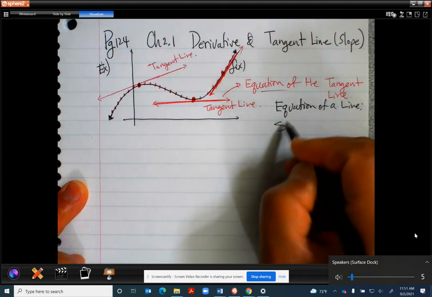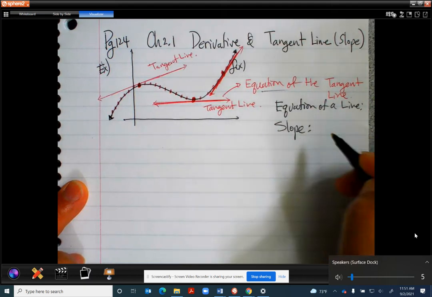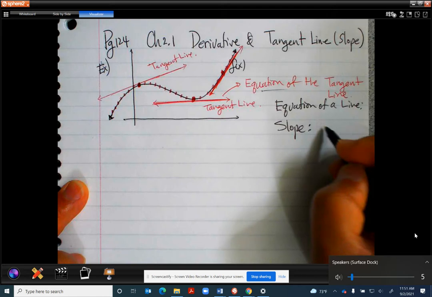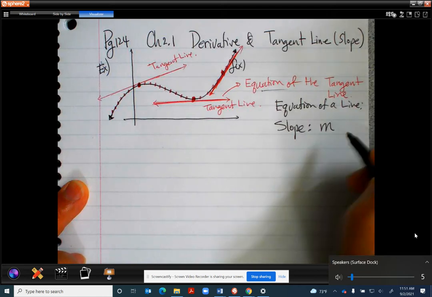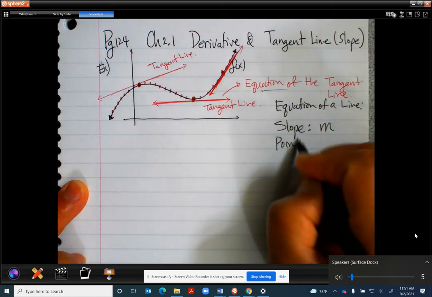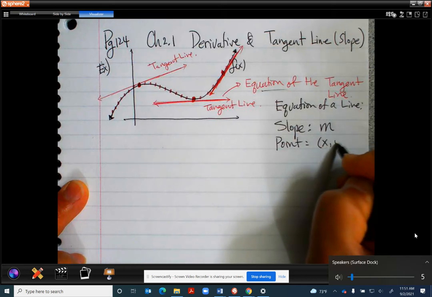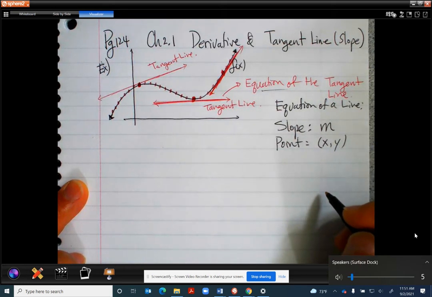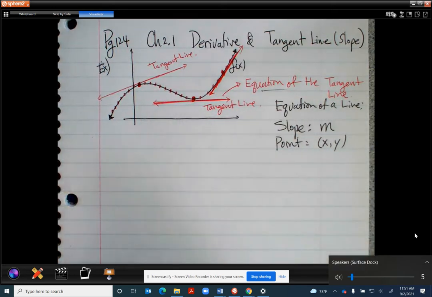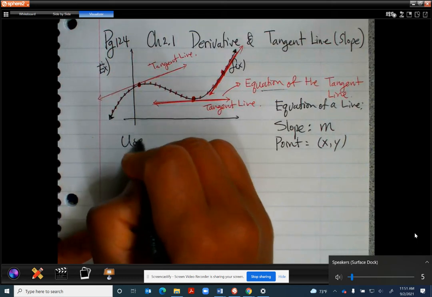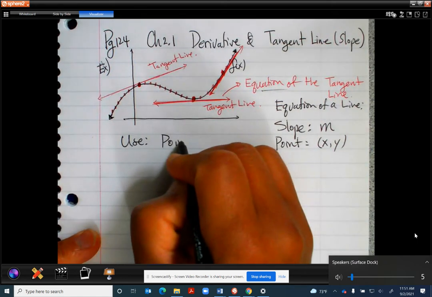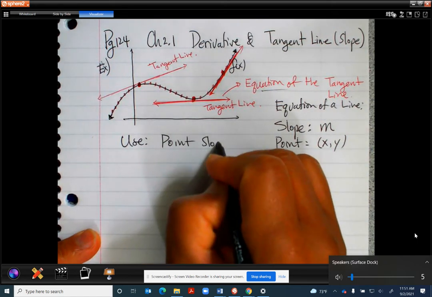You need to have a slope. You know that, right? You need to have a slope, which is m. We also need to have a point, which is x and y. And we need to use one of the equations of the line. There are 3 equations of a line. But I want you to use point slope form.